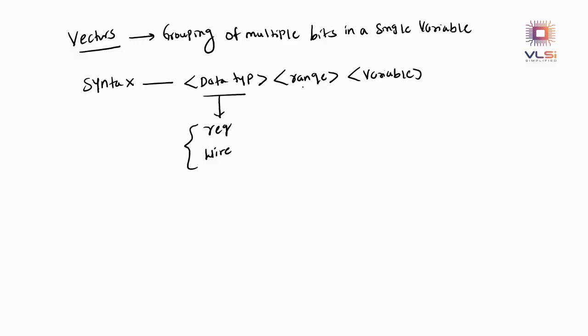And the range is MSB down to LSB, or we can use LSB to MSB. Mostly we'll not use this one; mainly we'll use MSB down to LSB.